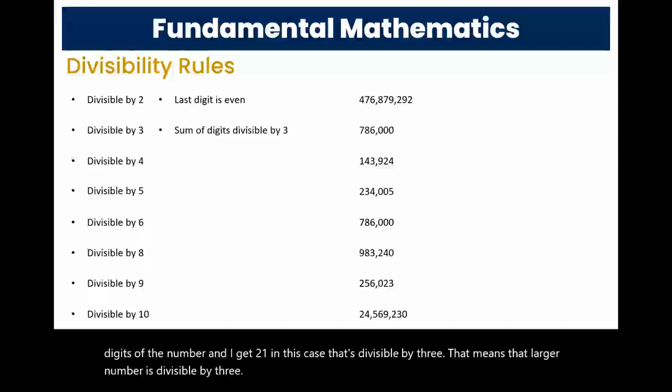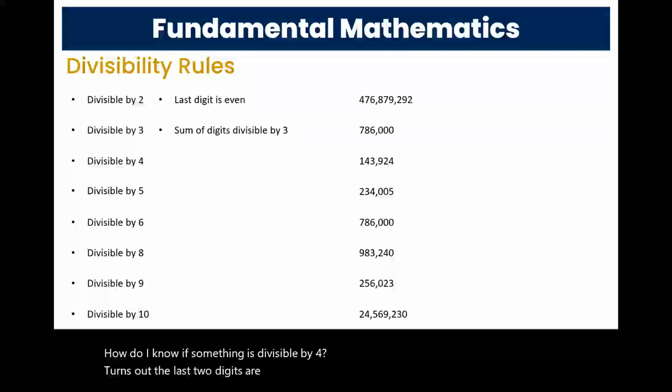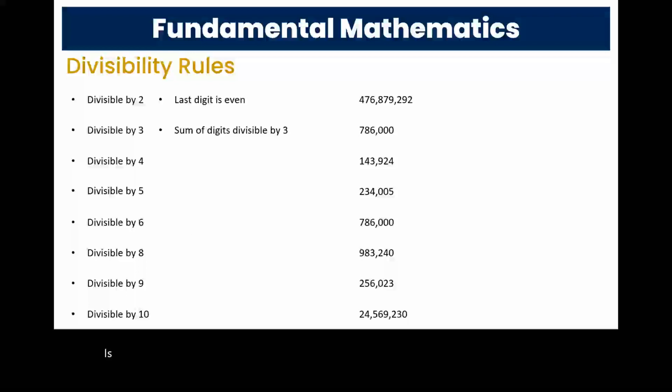How do I know if something's divisible by 4? Turns out the last 2 digits are important in this case. Is 24 divisible by 4?